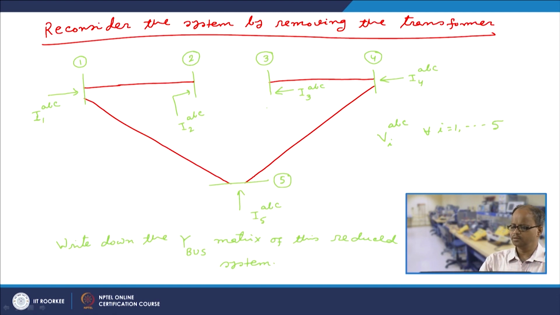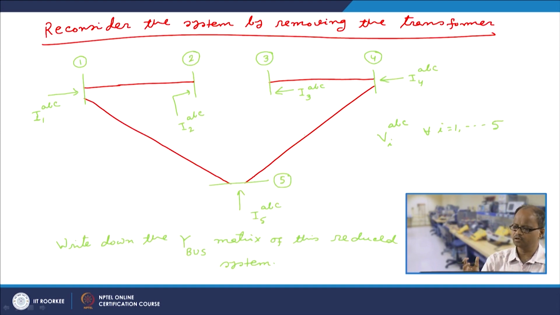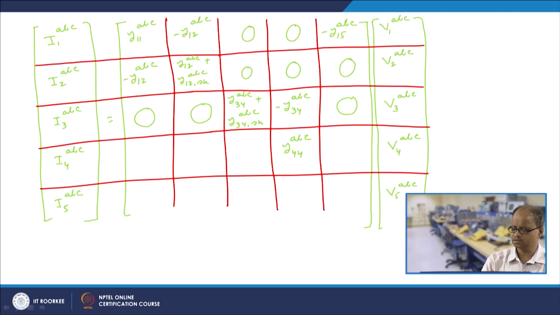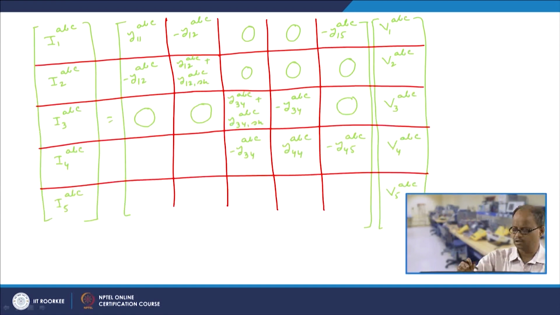Bus 4 would be usual. Bus 4 is Y44 ABC, the same thing which you have already done, and minus Y43 ABC, minus Y34 ABC and minus Y45 ABC, because it is connected directly to bus 3 and bus 5.